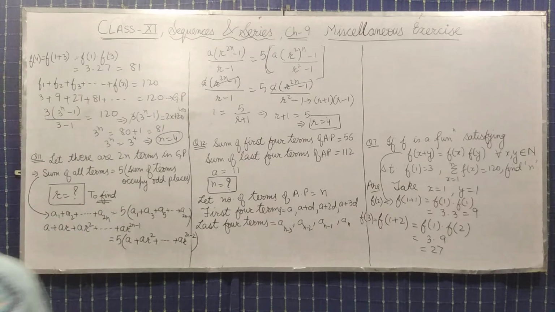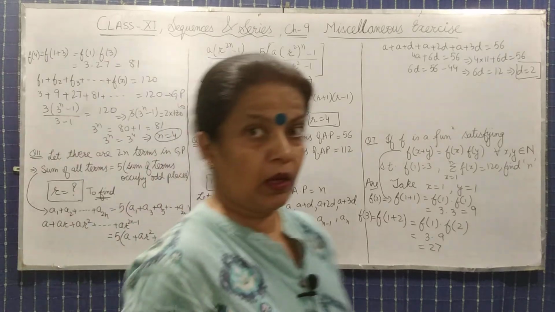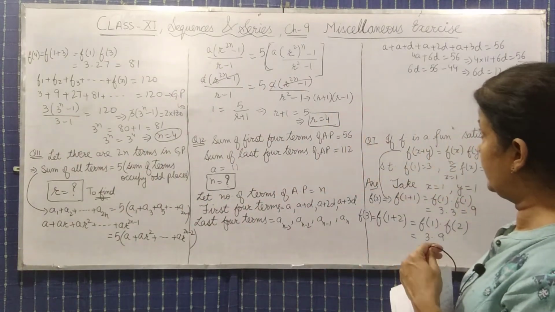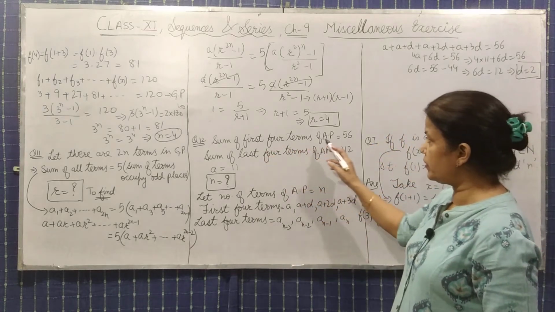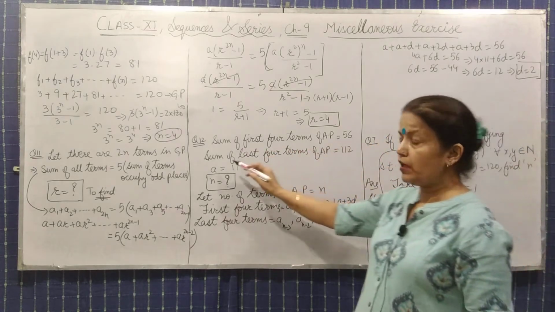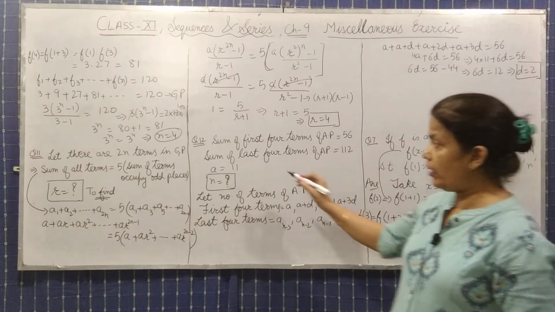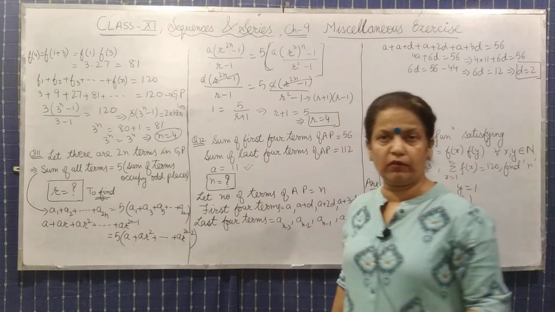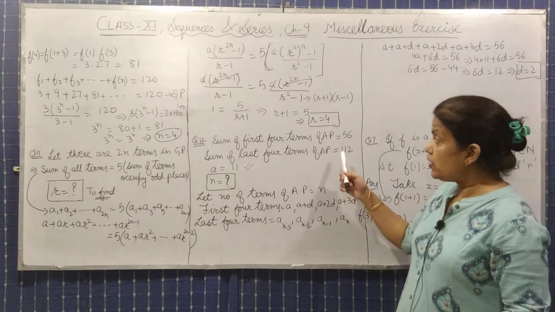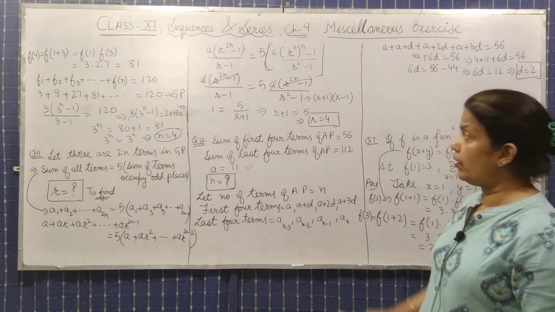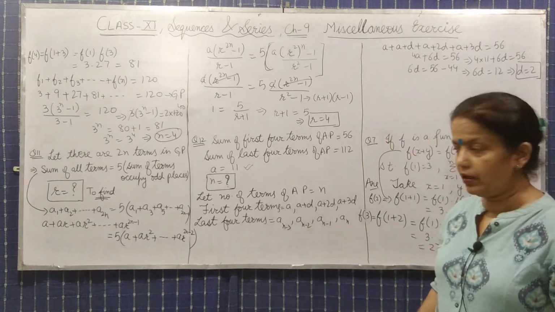Okay. Now come to the next question. In question 12, it is given the sum of first 4 terms of an AP is 56 and the sum of last 4 terms is 112. And the first term is given as 11 and you have to find out the value of n. Since it's an AP, let the number of terms of the AP be n.